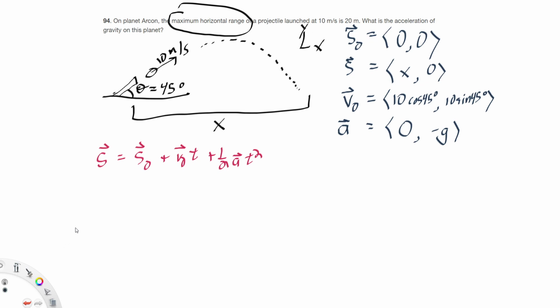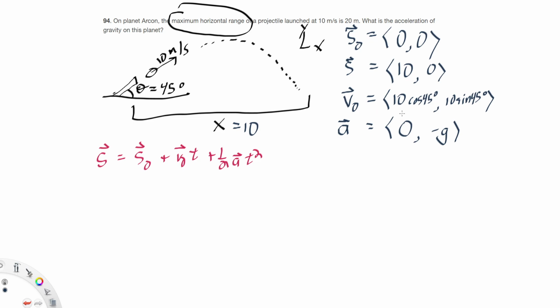Our x is 10. So our unknowns are going to be our t and our g. And it's unusual that g is our unknown, but it's not any more complicated algebraically than if t and x were our unknowns instead.